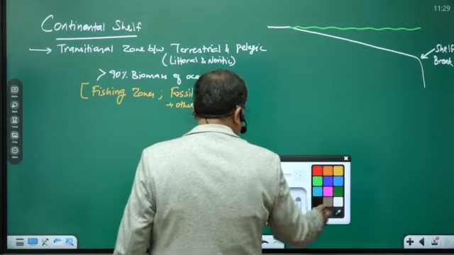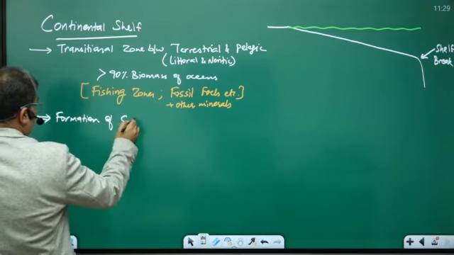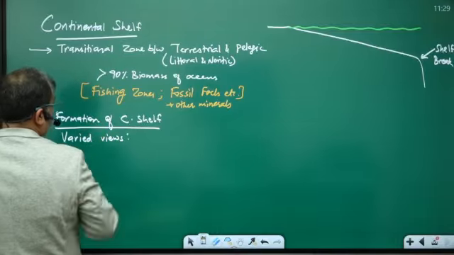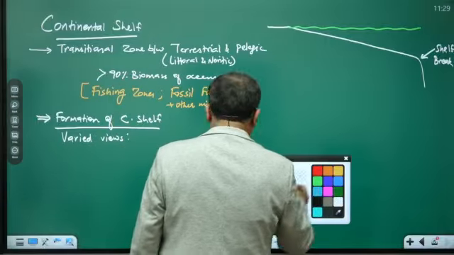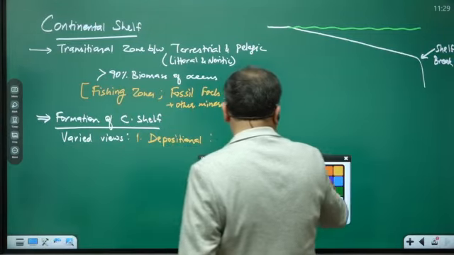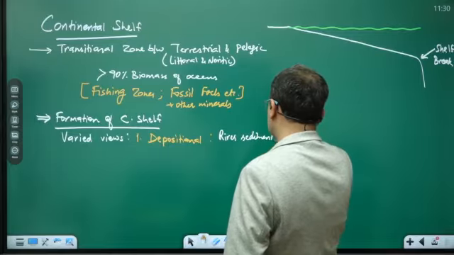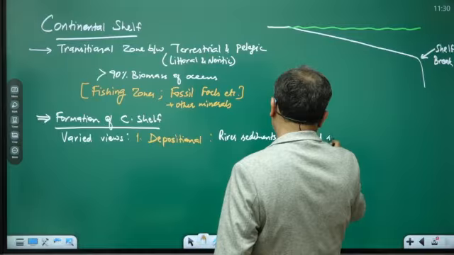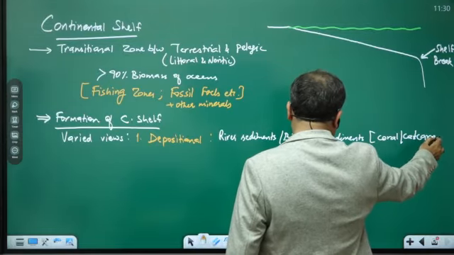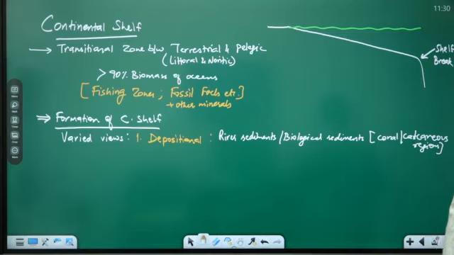How is it formed? There are varied views on this. Number one, it can be depositional. The river brought its sediments, or the biotic component, corals died and left behind a lot of material.